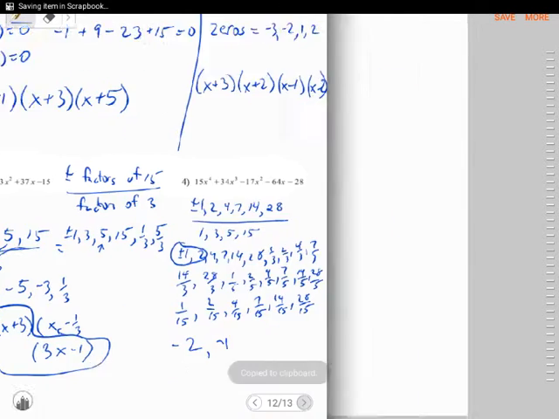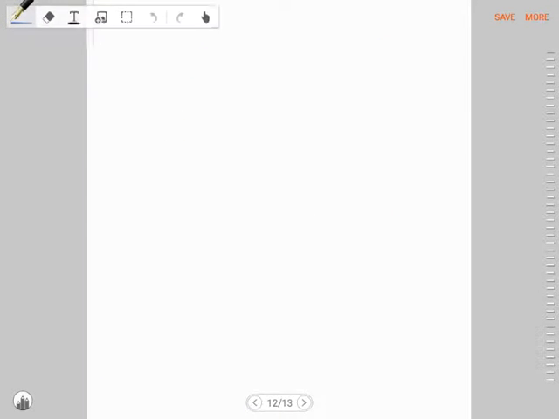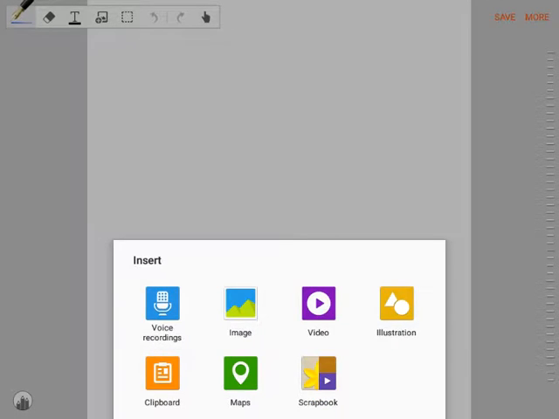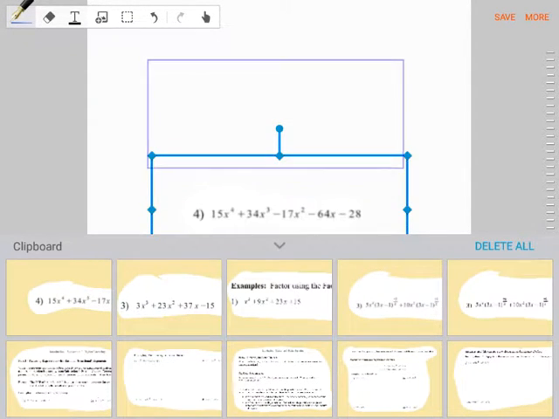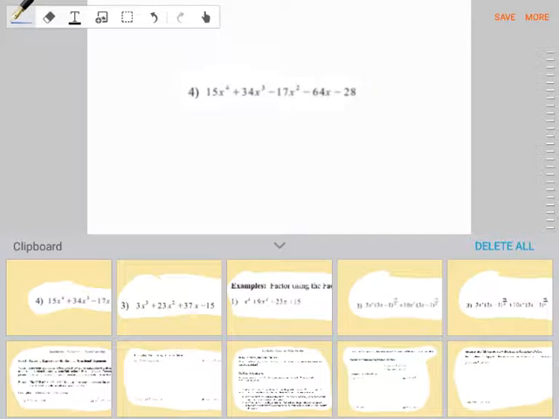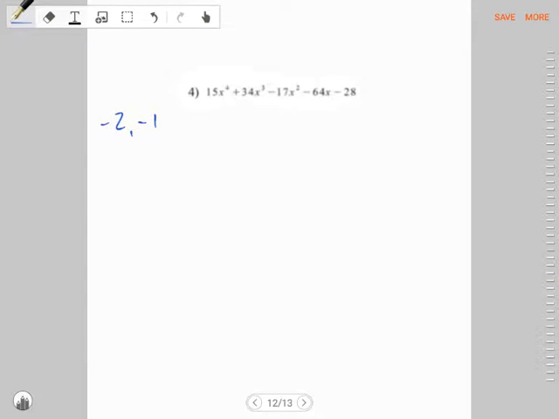Go over to the next page, just so I have a little bit more room to show you what's going on here. Okay, and I've already told you that -2 and -1 worked. All right, so let me just show you how synthetic division works again, or remind you.